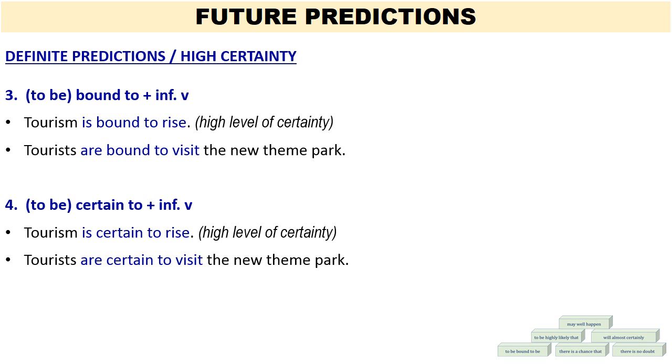Another formula we can use, the verb to be plus certain to plus the infinitive form of the main verb. Using the two previous sentences, tourism is certain to rise. Again, there is a high level of certainty about this prediction, and tourists are certain to visit the new theme park.